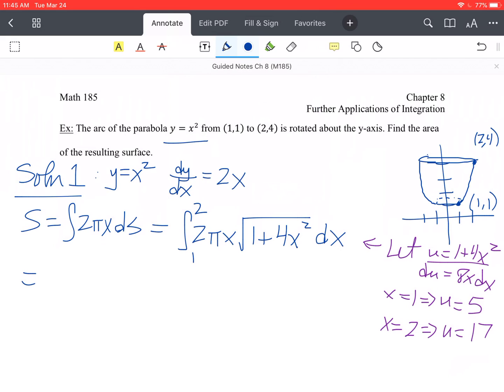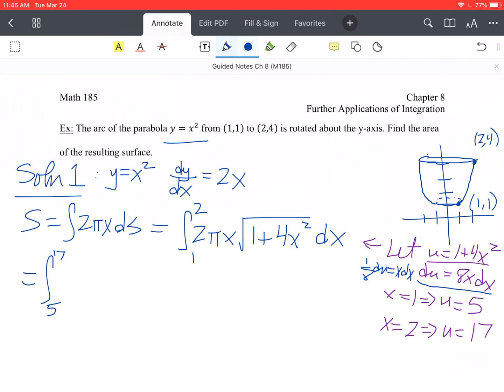So for this one, we get the integral from 5 to 17 of, let's see, 2 pi x, but our du value over here, right, said that 1/8 du equals x dx.